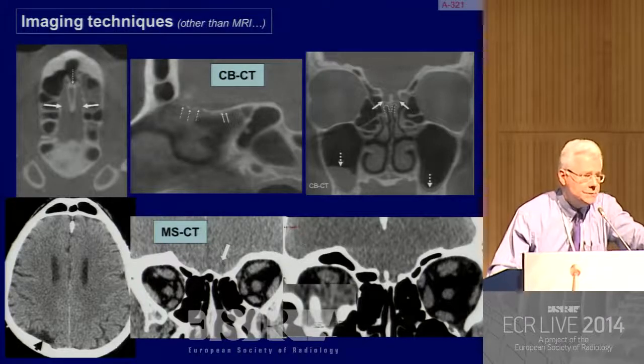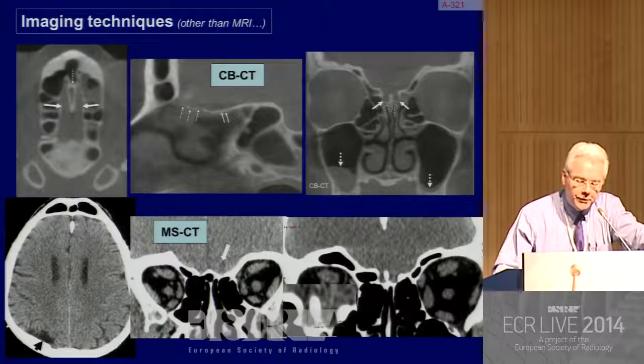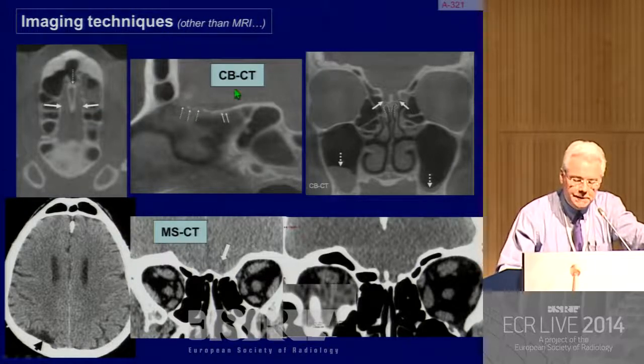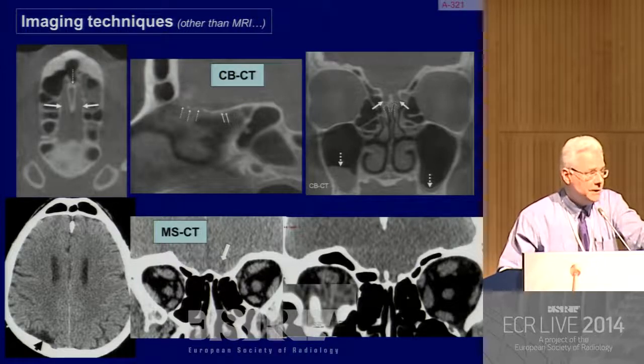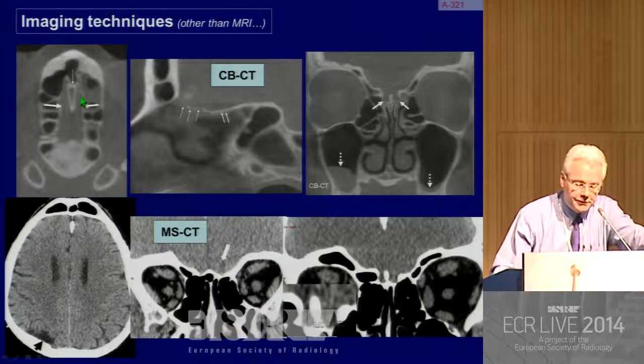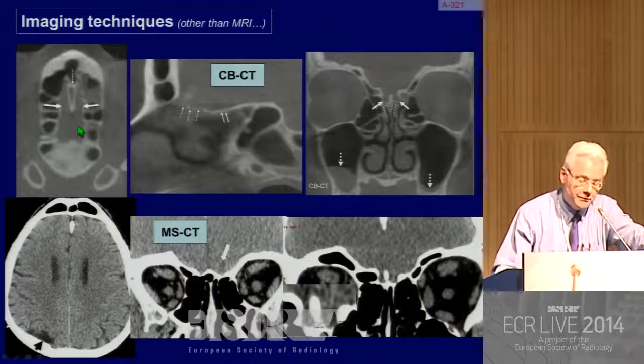Aside from MR, which is of course the best suited imaging modality for the workup of olfactory disturbance, you have other modalities that can give relevant information. On the upper row, you see CBCT, cone beam CT images, which give relevant information regarding bone, of course, and we easily identify the olfactory grooves where the bulbs and the olfactory nerve are crossing, but we don't see them, of course.